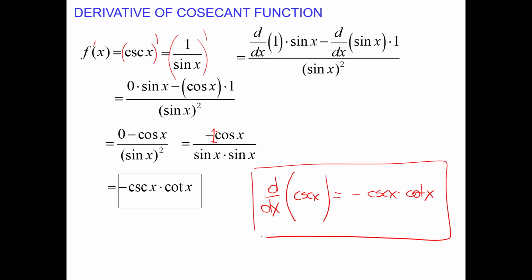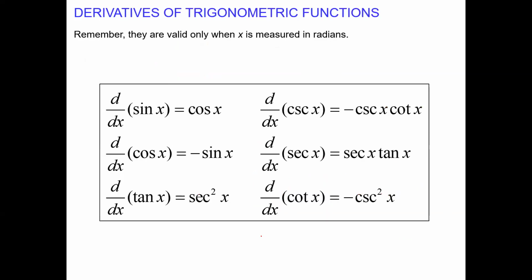Excellent. And that's all of them. That's what we have to know from this section: the formulas of the derivatives for the trigonometric functions. And you may notice all of the cofunctions, cosine, cosecant, and cotangent, have a negative sign in the formula for their derivatives.